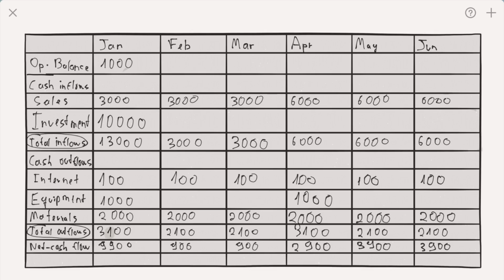So now that we calculated it, we can see that in this example, the company has not suffered a negative net cash flow in any month. But this can be possible if the total outflows are larger than the total inflows.